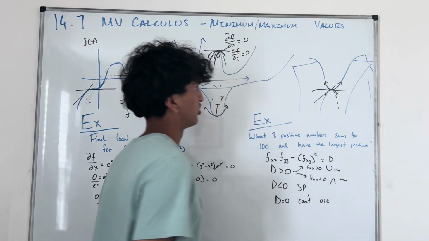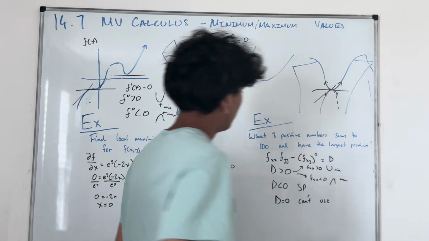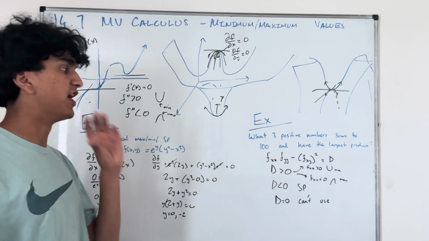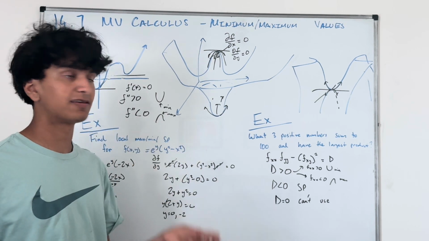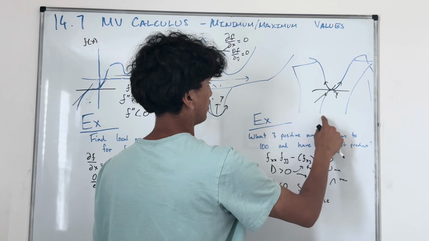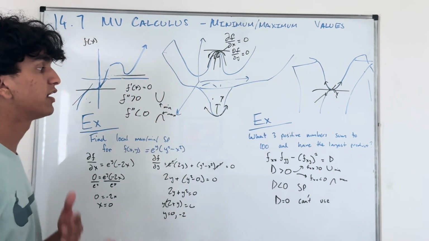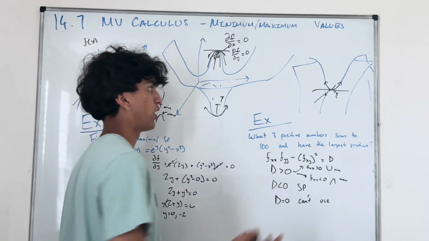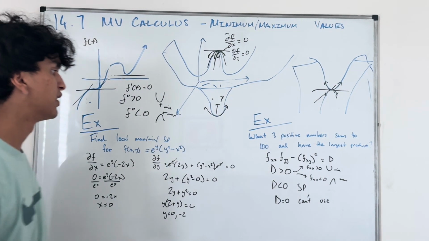And in the y direction, if I were to split it with a plane, it's concave up. So the second partial derivative with respect to x is negative, because it's concave down. And the second partial derivative with respect to y is positive, because that cross section is concave up.